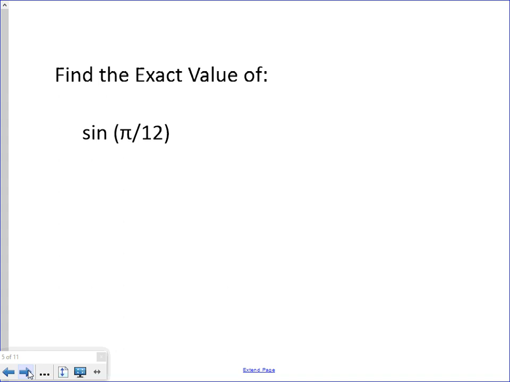So when you're looking at pi over 12, that's a pretty small angle, right? And when I think about it, it's most like the angles in quadrant 1. So think about the angles in quadrant 1: pi over 6, pi over 4, pi over 3, maybe I'll go up to pi over 2.